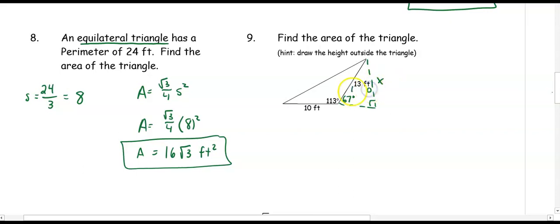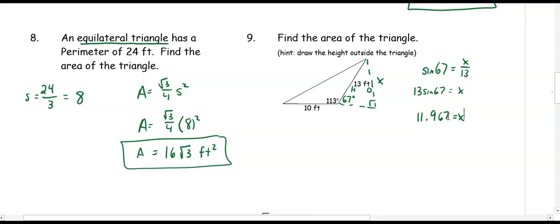So we have our opposite and our hypotenuse, so we're using sine. The sine of 67 is equal to x over 13. We can multiply 13 times the sine of 67 is equal to x. So we get x equals 11.967.